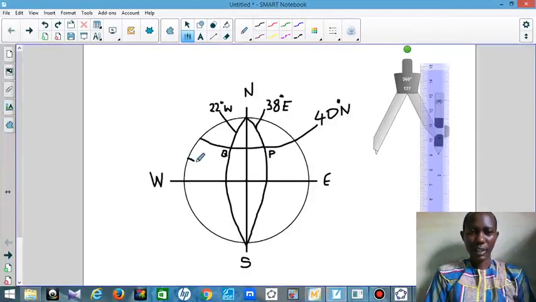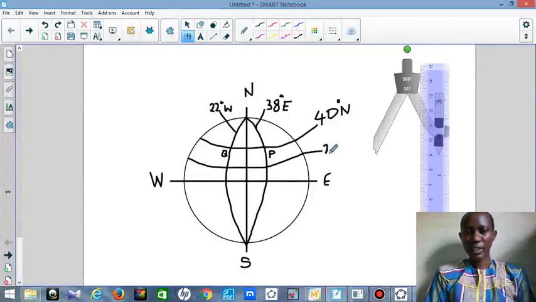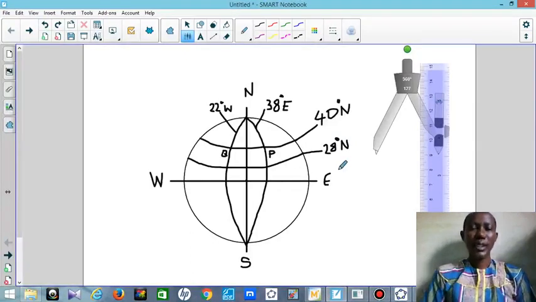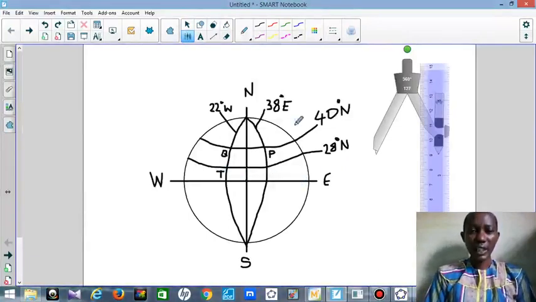So let's take this line as 28, towards the north. Make sure you label it also 28 degrees north. So that is all about the diagram. Where it meets point Q, the question says we should call it T. So this is the diagram you have. With this diagram, you have your full mark for the sketch.